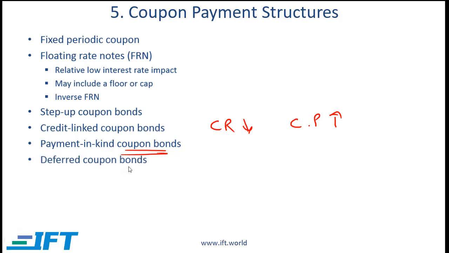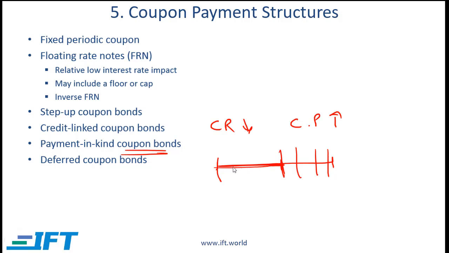With deferred coupon bonds, the coupon payments are deferred. So if we have a 10-year bond, the issuer might say that we'll not pay any coupon payments for the first 5 years, but then in the next 5 years, the coupon payments will be higher.